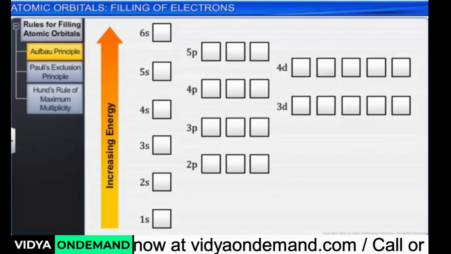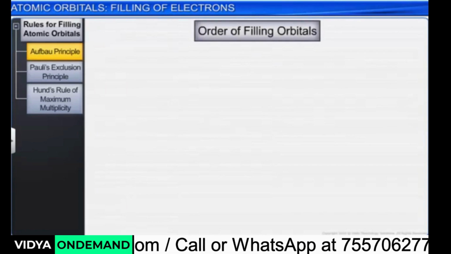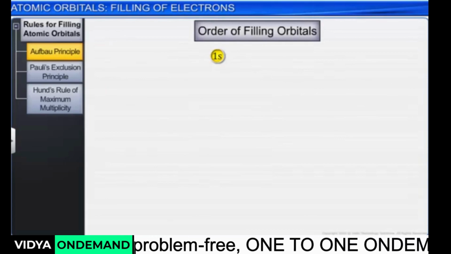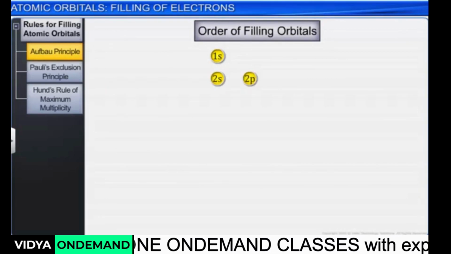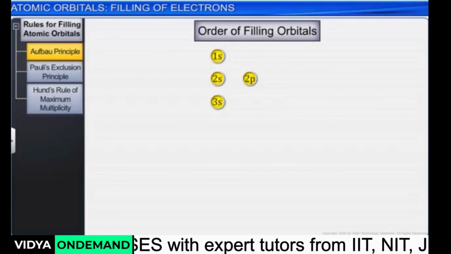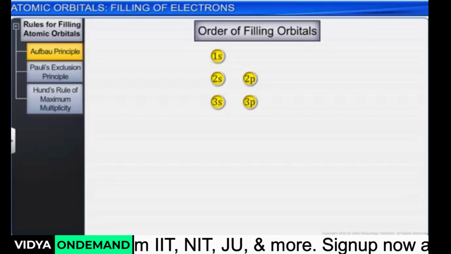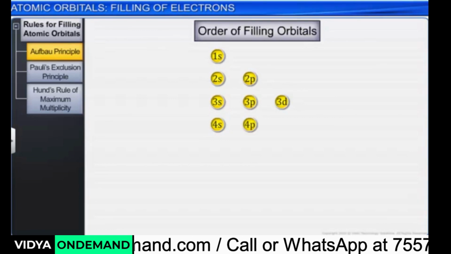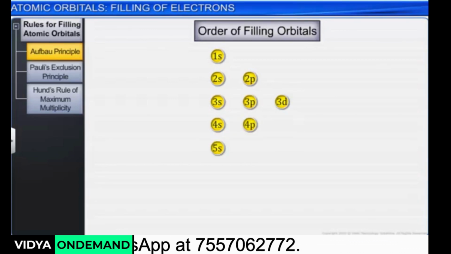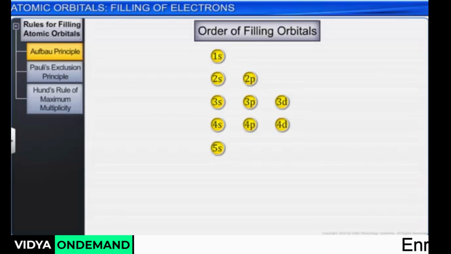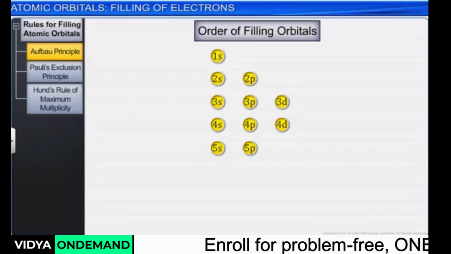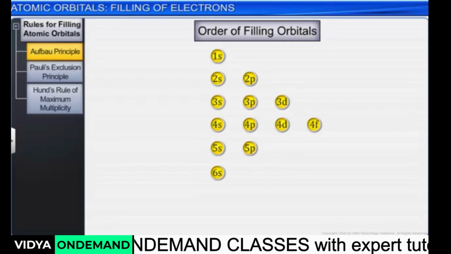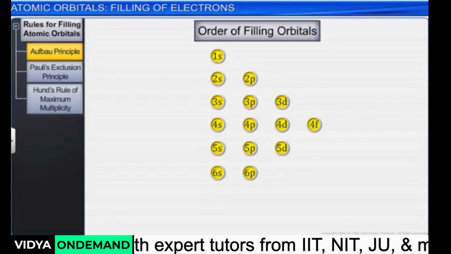The order in which the various orbitals are filled is 1s, 2s, 2p, 3s, 3p, 4s, 3d, 4p, 5s, 4d, 5p, 6s, 4f, 5d, 6p, 7s, and so on.